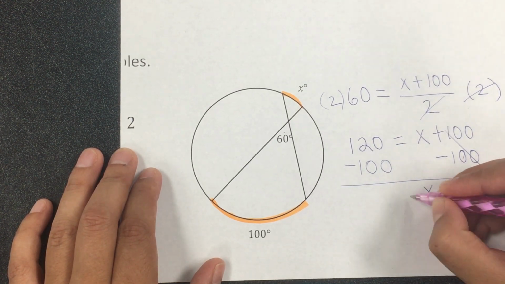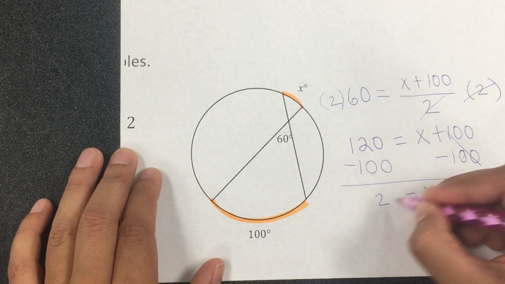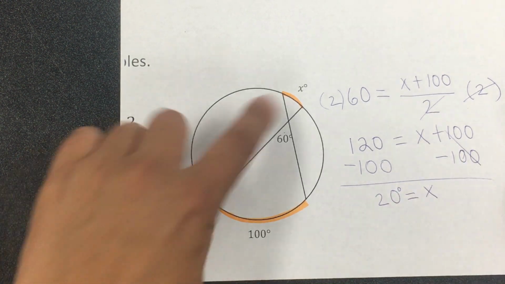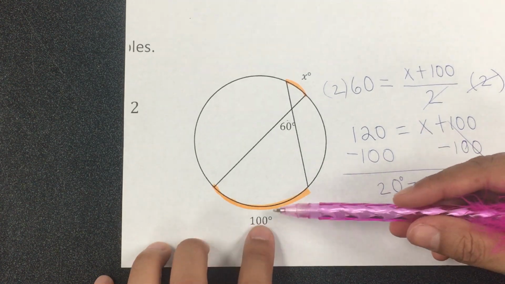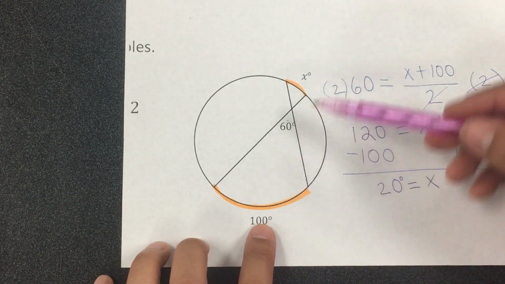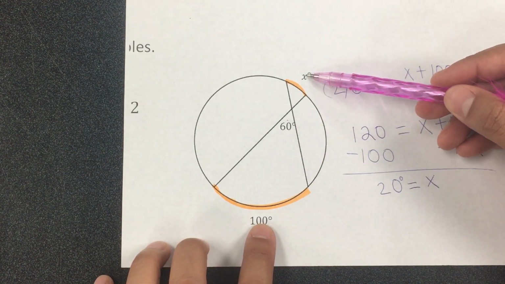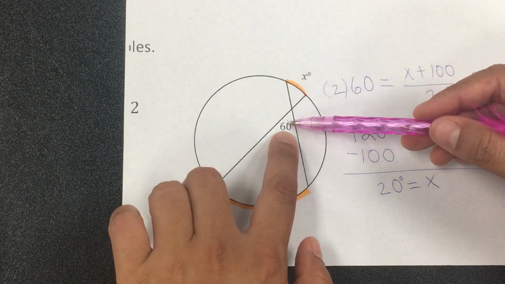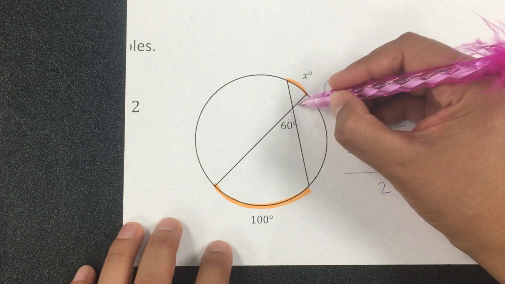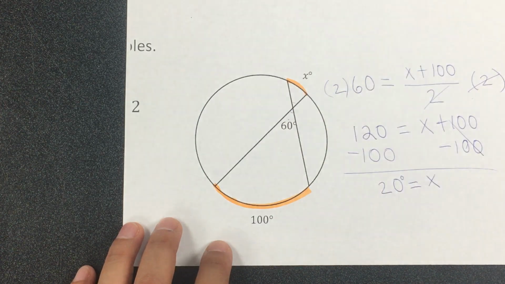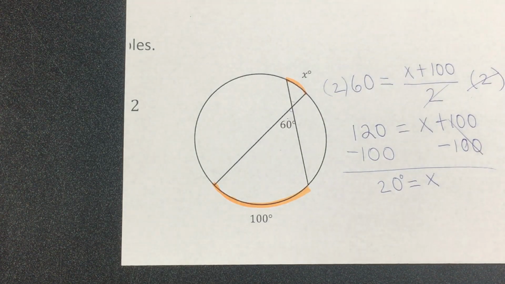And so the value of x is equal to 20 degrees. So this is 20, and you can see it's tiny, so it makes sense. Now let's see. 100 plus 20, 120. Divided by 2, 60. Now remember from previous lessons that these are vertical angles, and if this is 60, this is also going to be 60. Something to remember from before.